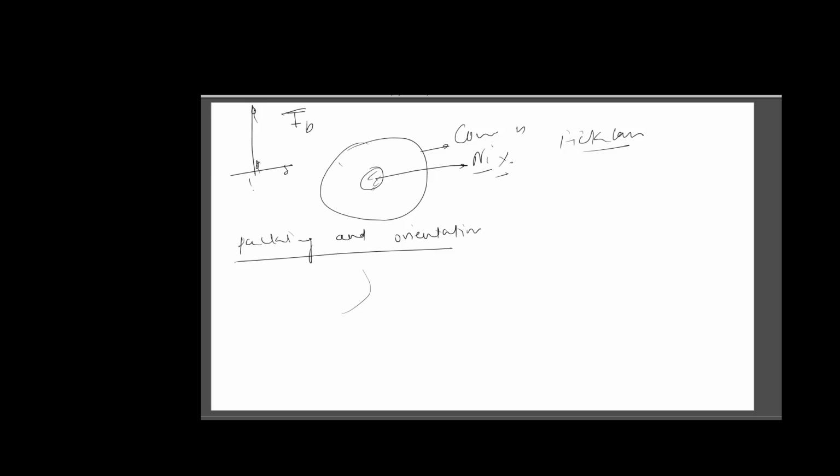The region where different solidification fronts fuse will have a mismatch in the orientation of atoms. So if this is the region where this solidification front and this one fuse, there will be a mismatch in the orientation.